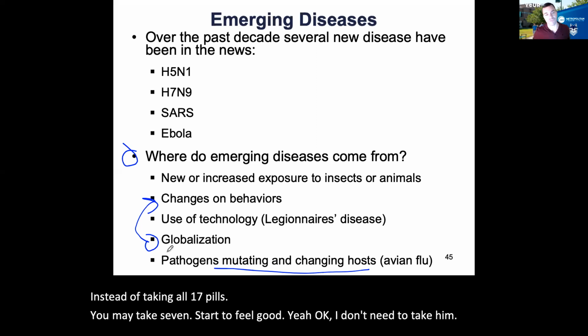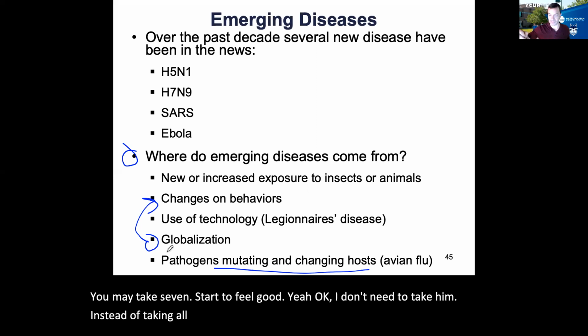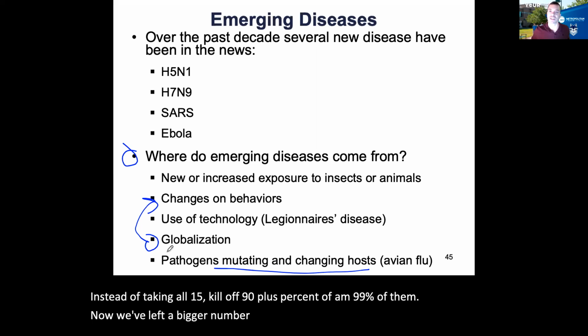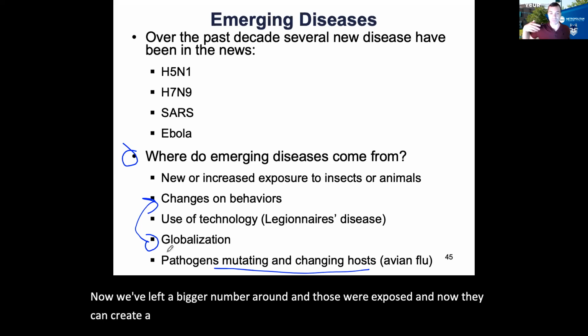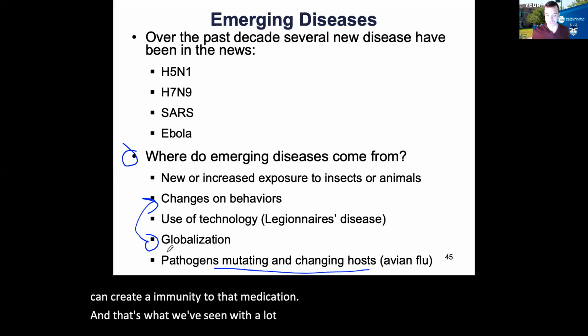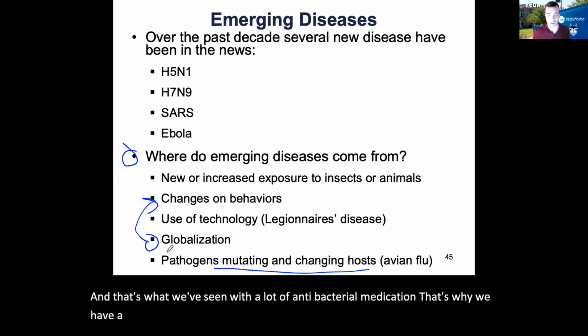Instead of killing off 99% of them, now we've left a bigger number around, and those were exposed, and now they can create an immunity to that medication. And that's what we've seen with a lot of antibacterial medications. That's why we have a number of bacteria that are superbugs.